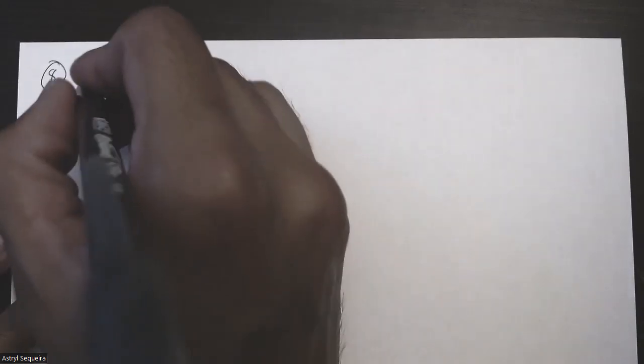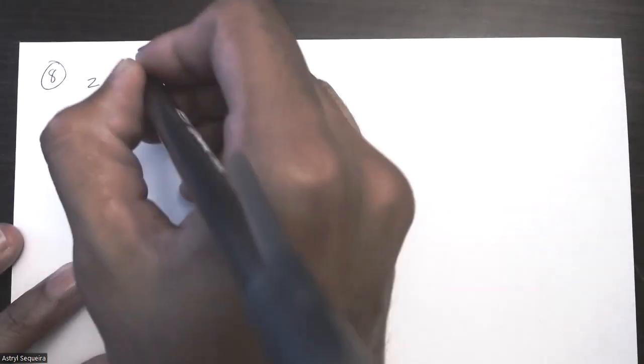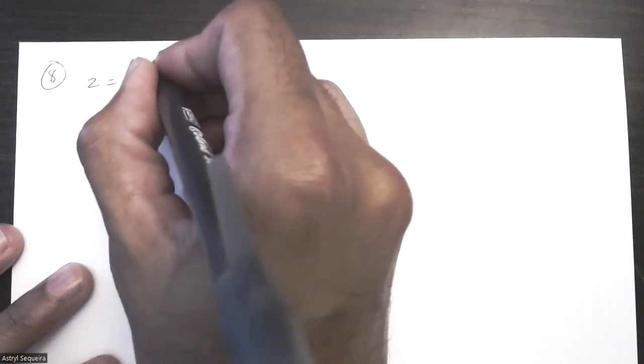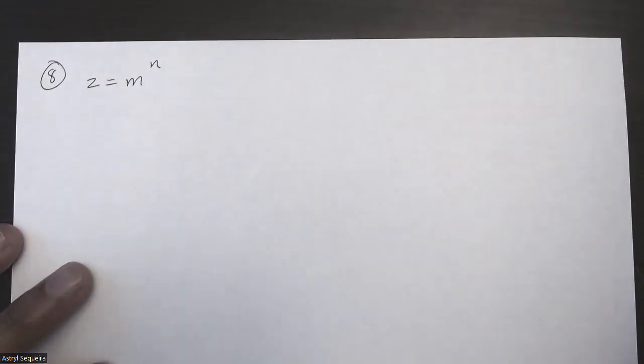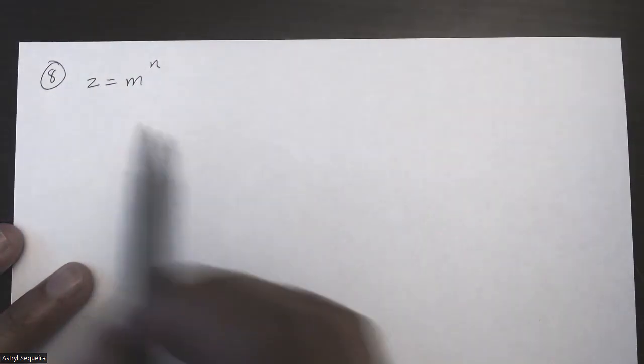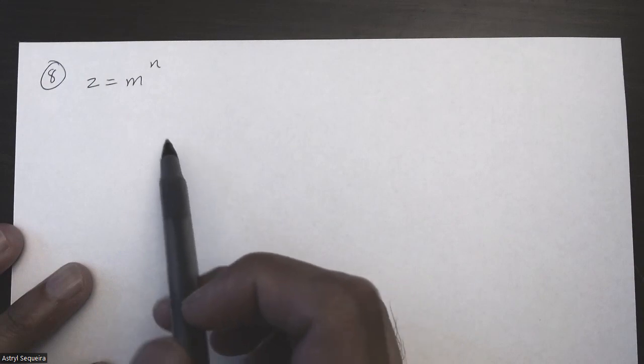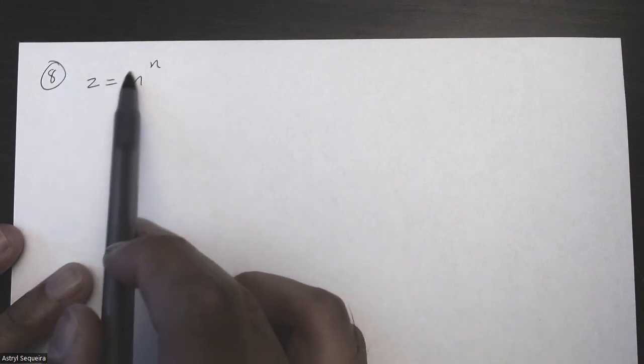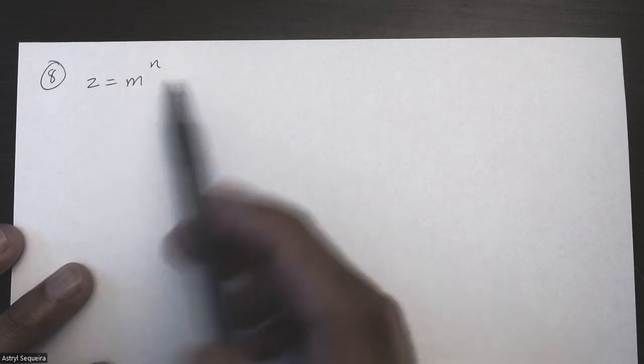So with question number 8 on this practice exam, which is converting from exponential form to log form and vice versa. The first question is z equals m to the exponent of n, and we need to convert this into log form. So if I want to convert this into log form, I have to log both sides, but I have to make sure the base of my log is the same as the base of my exponent.